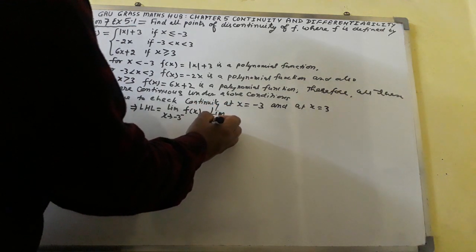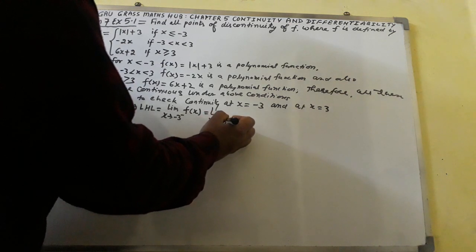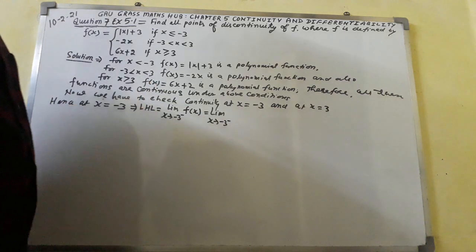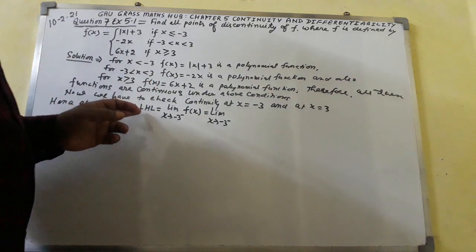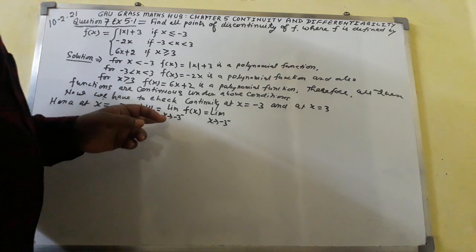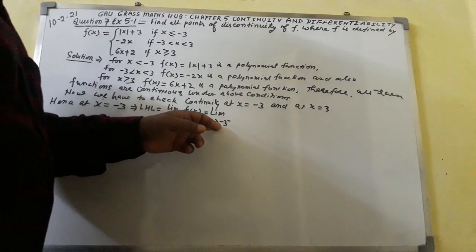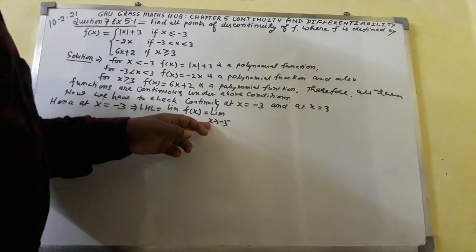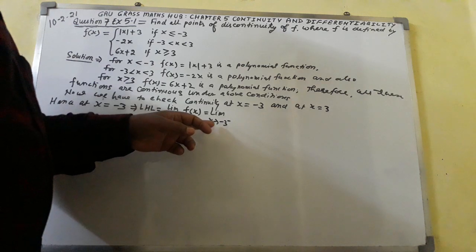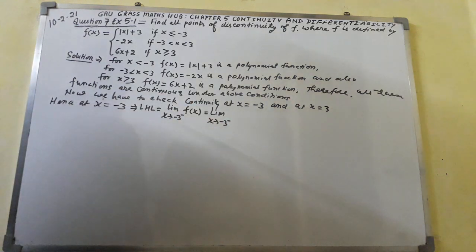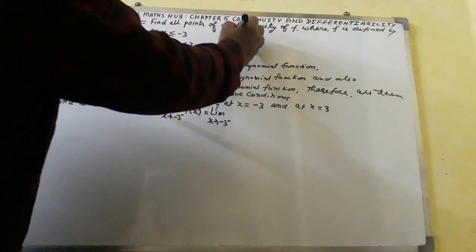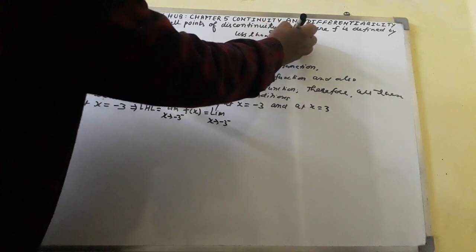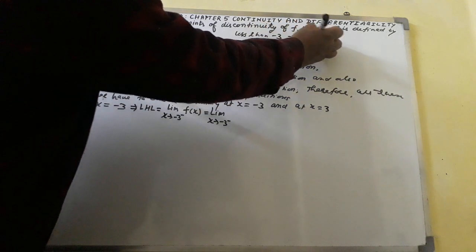limit x tends minus 3 negative. What value of f of x will be in case of the left hand limit? Here you can see x tends minus 3 negative. This means that the value of x must be less than minus 3. If you locate less than minus 3, it comes out to be minus 4, minus 5.